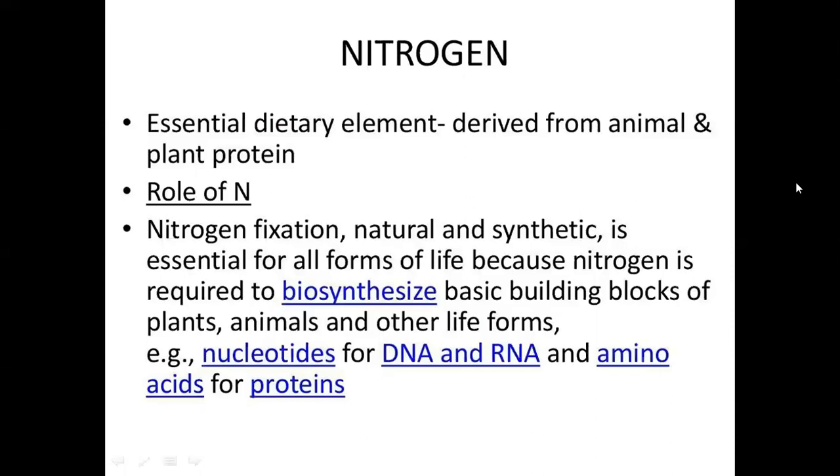If you take proteinous food from plant and animal sources, you can have enough nitrogen in your body. Nitrogen fixation, natural and synthetic, is essential for all forms of life because nitrogen is required to biosynthesize the basic building blocks of plants, animals, and their life forms.